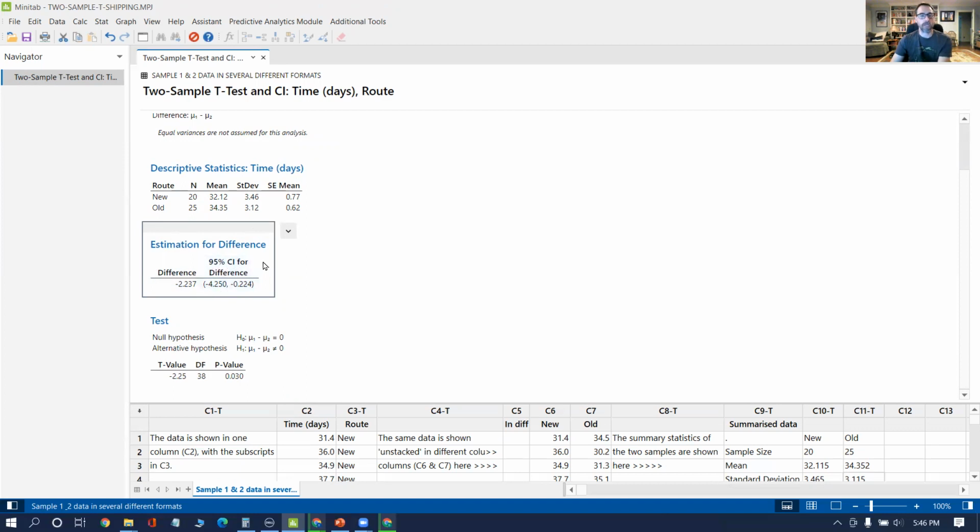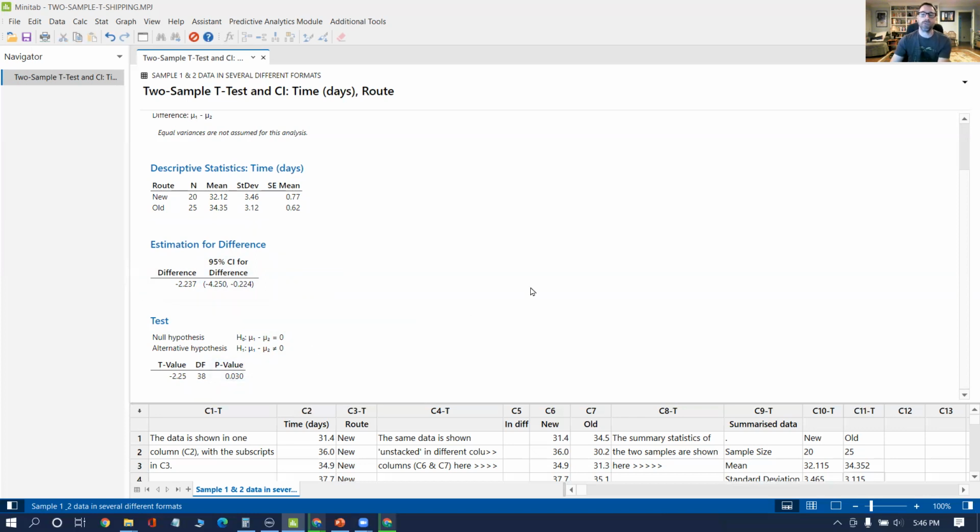And the 95% confidence interval for that difference for the population is between -4.2 and -0.2. The actual difference between those two means is -2.237. The confidence interval goes somewhere from -4.2 to -0.2. That confidence interval does not include 0. 0 is not between those two numbers. So Minitab concludes that there is a difference, and we have a low p-value.